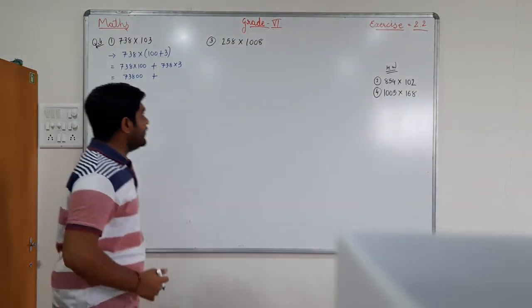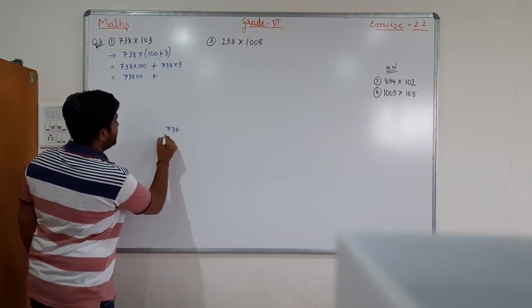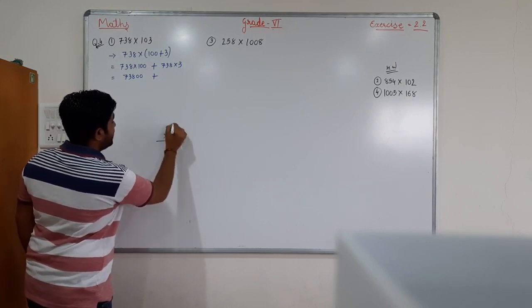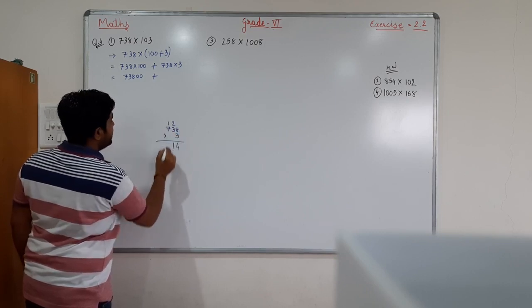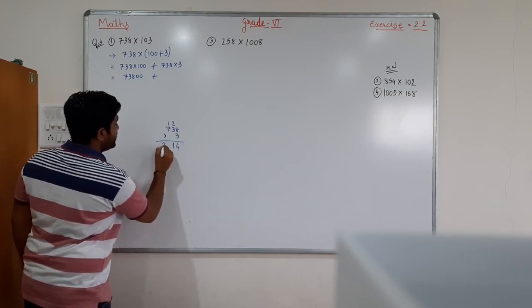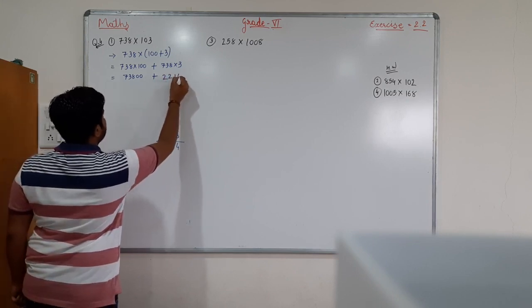Let me do 738 multiplied by 3. 8 3s are 24, 3 3s are 9, 9 plus 2 is 11, 7 3s are 21, 21 plus 2 is 22. So it's 2214.